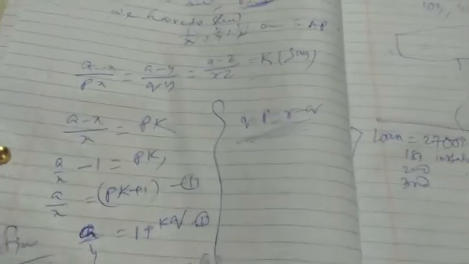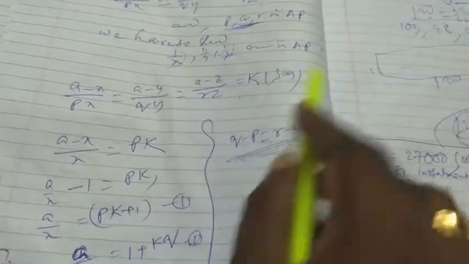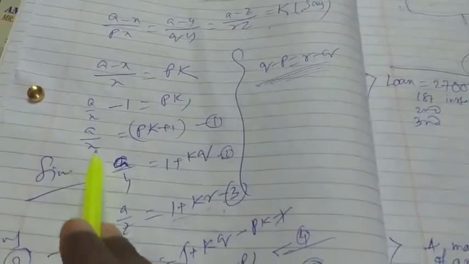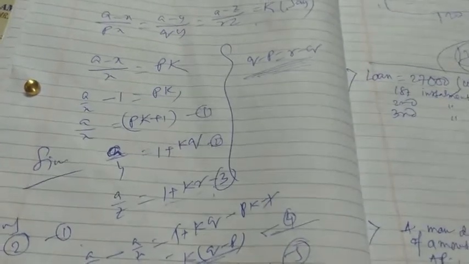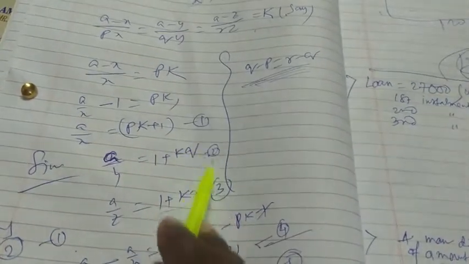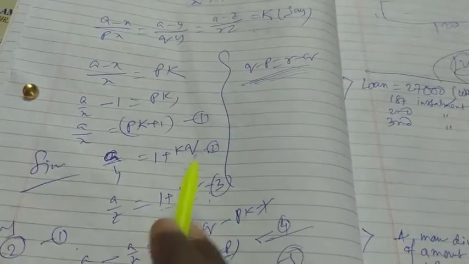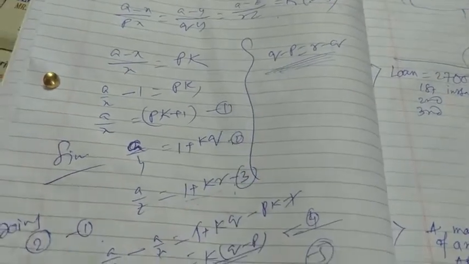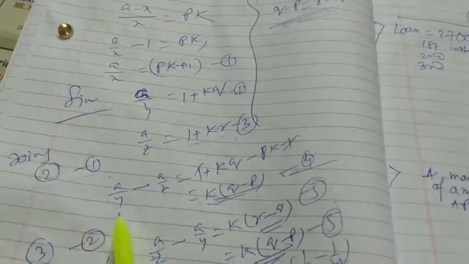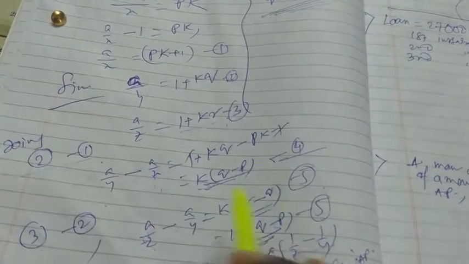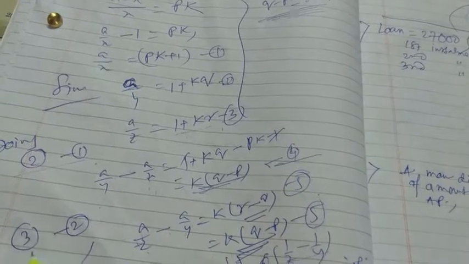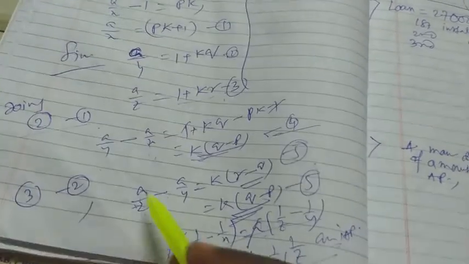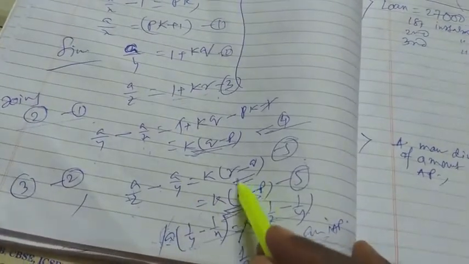And we have to show that 1 by x, 1 by y, 1 by z are in AP, and see that a by x, a by y, a by z all follow a pattern, so doing 2 minus 1 and 3 minus 2, we got a by y minus a by x is k times (q minus p), this is number 4, and 3 minus 2, a by z minus a by y, is k times (r minus q).